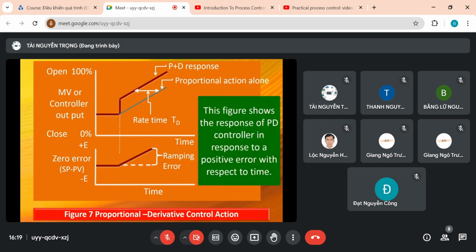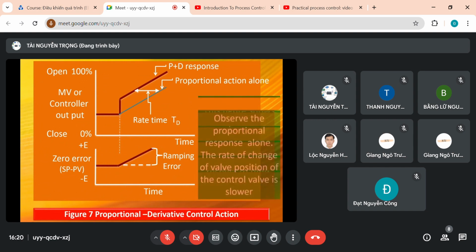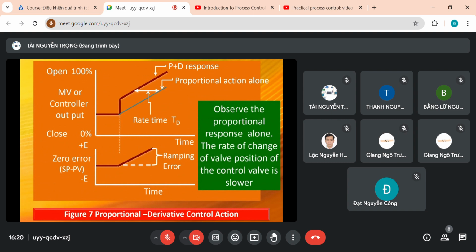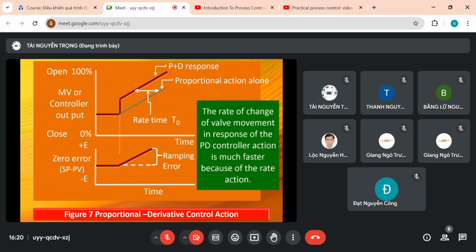This figure shows the response of a PD controller to a positive error with respect to time. Observe the proportional response alone. The rate of change of the valve position of the control valve is slower. The rate of change of valve movement in response to the PD control action is much faster because of the rate action.